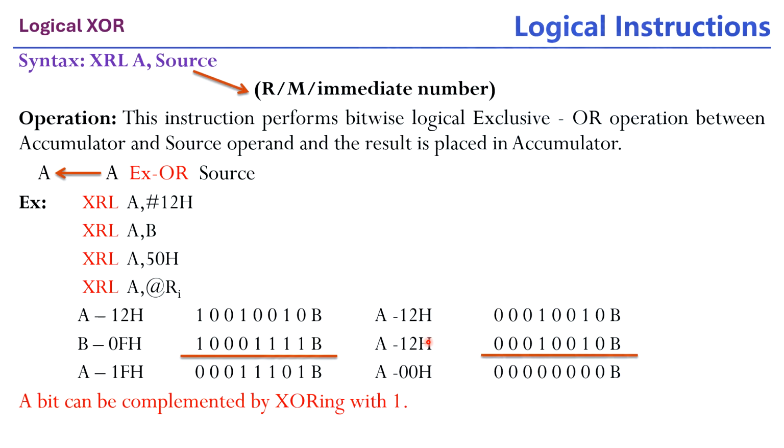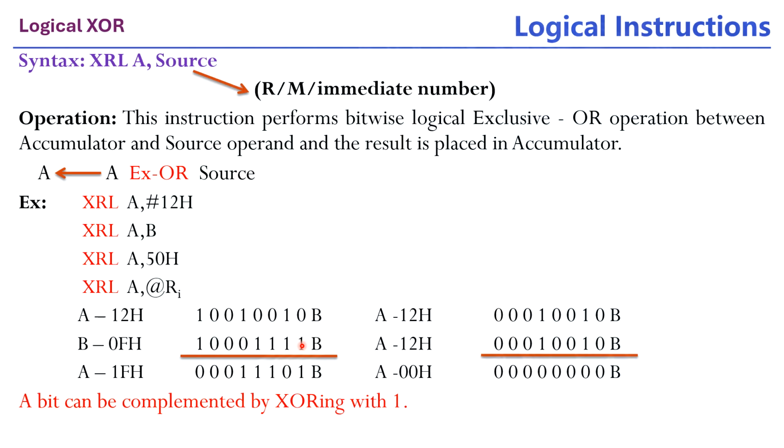We can take a small example here, the binary number of this hexadecimal number 0F. XOR logic basically provides 0 output if both bits are 1, remember. So 1 and 1 produce 0.